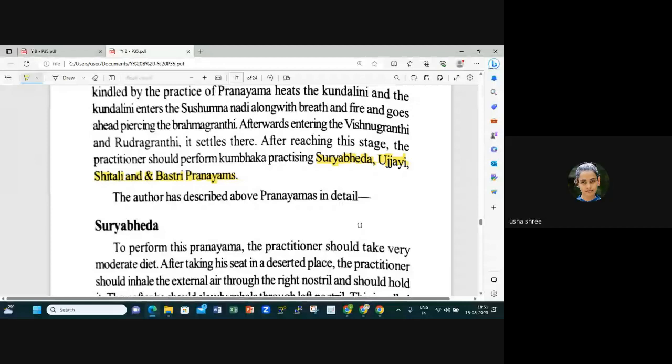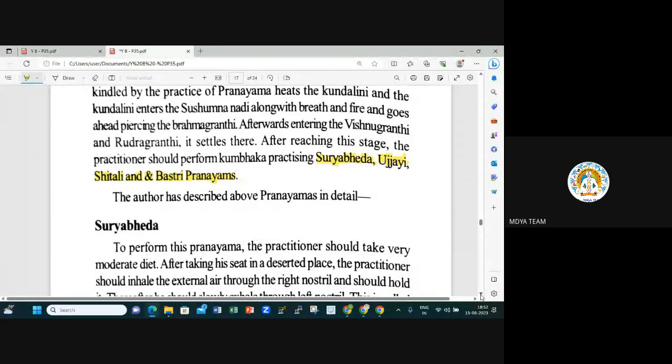Ujjayi pranayama, they have described about the Kumbhaka, yes, but the other three they haven't mentioned anything about Kumbhaka. Yes, yes. If the question is like this, and you get the options Surya Bheda, Ujjayi, Shitali and Bhastri, then you have to put Ujjayi, because only in Ujjayi do we see that Kumbhak is mentioned. In the other 3 there is no Kumbhak.